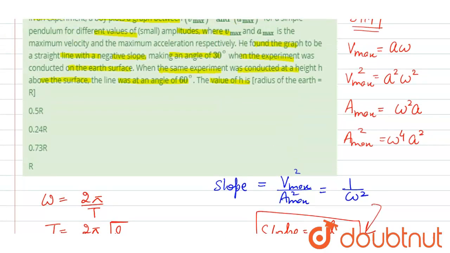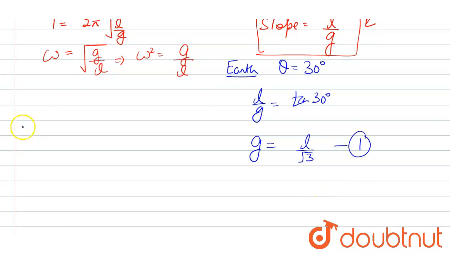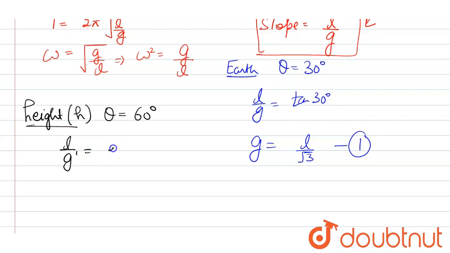And when the same experiment was conducted at height h, then the slope comes out to be theta equals 60 degree. So that means L by g dash will be equal to tan 60. Sorry, tan 30 is 1 by root 3.